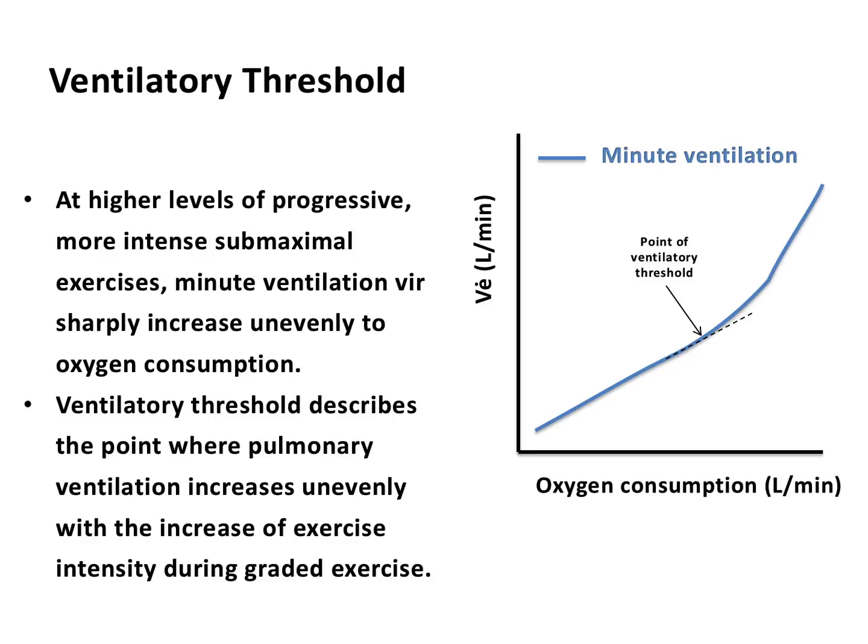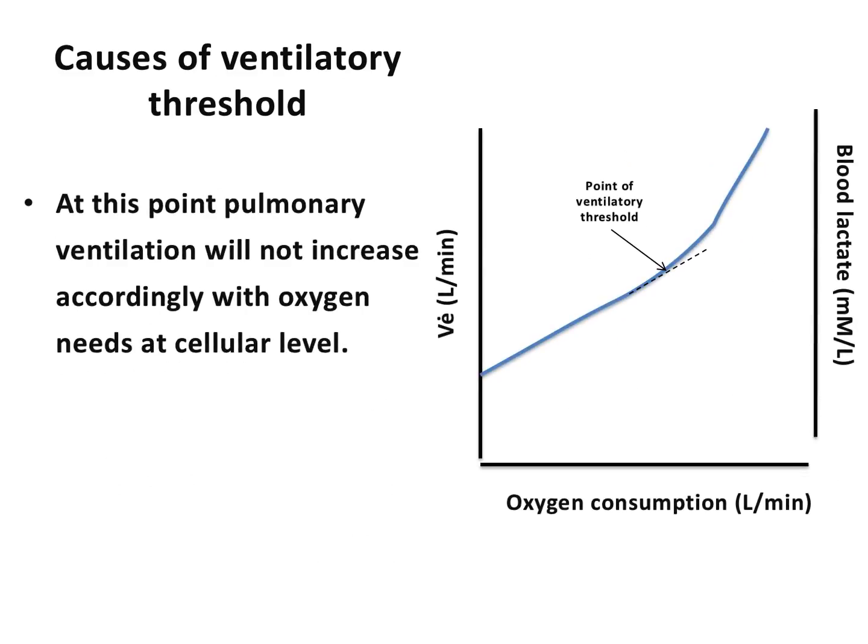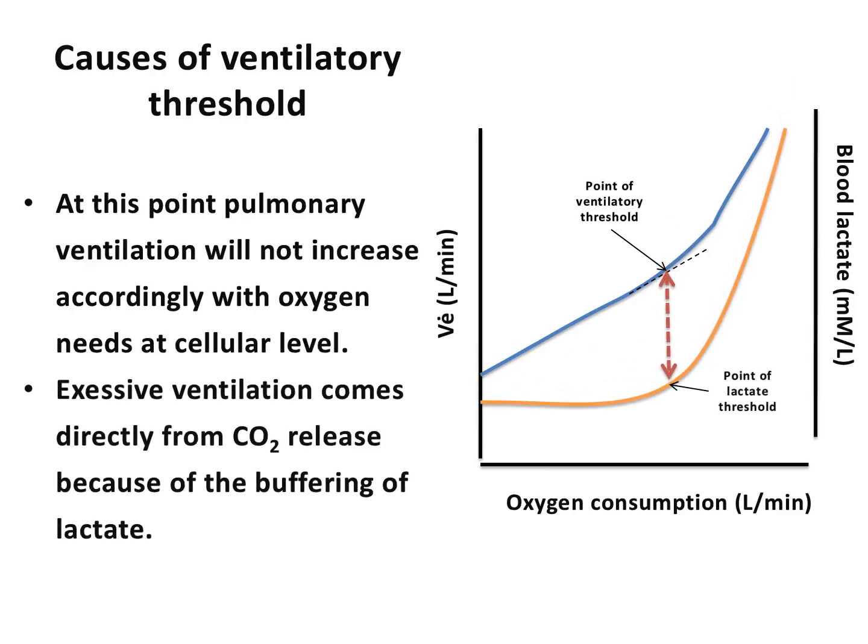Ventilatory threshold describes the point where pulmonary ventilation increases disproportionately with an increased exercise intensity. Ventilatory threshold corresponds to lactate threshold. Why? This high ventilation is due to an increase in carbon dioxide concentration and lactate which must be buffered.